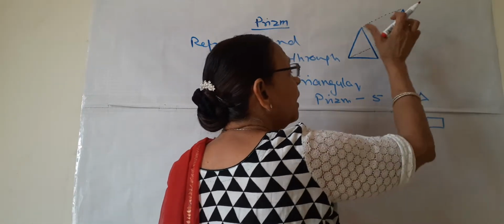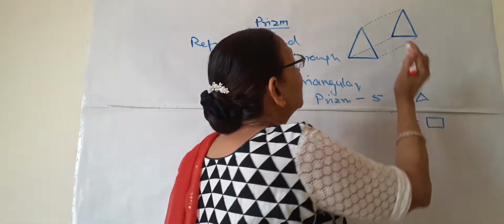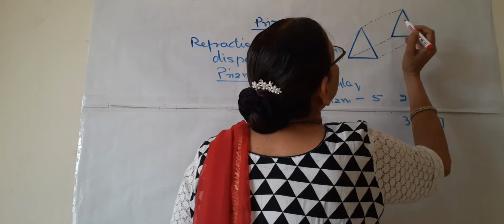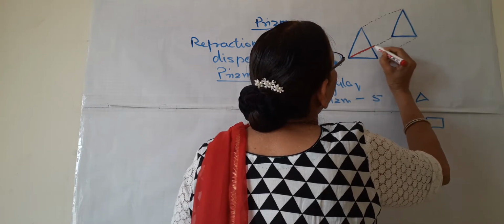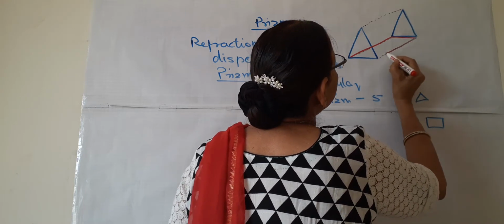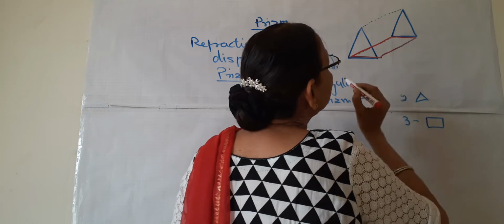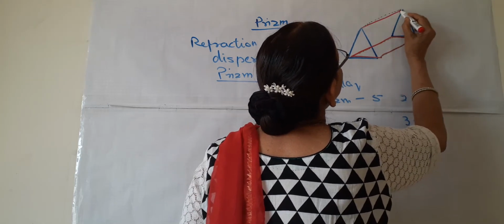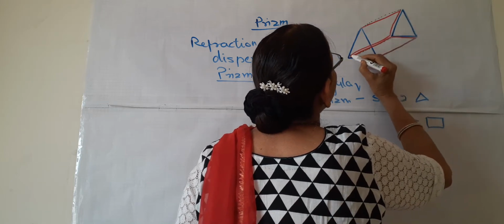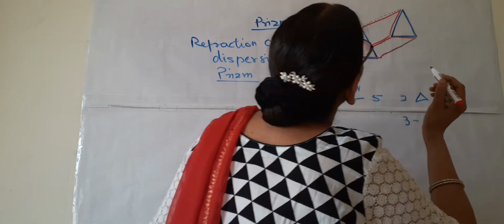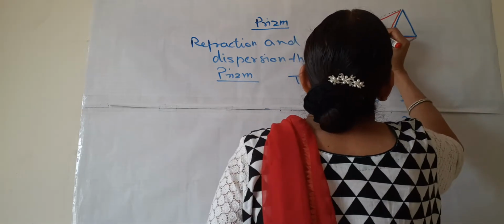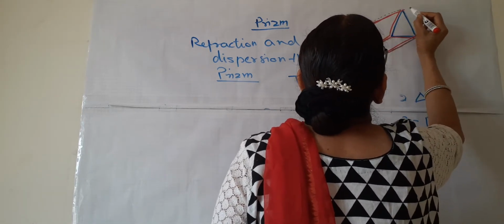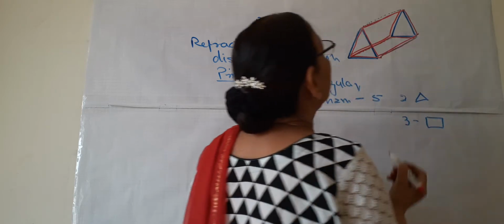So these are the 2 triangular sides, and for the rectangular sides, this is one, this is the second rectangular side, and this is the third rectangular side.